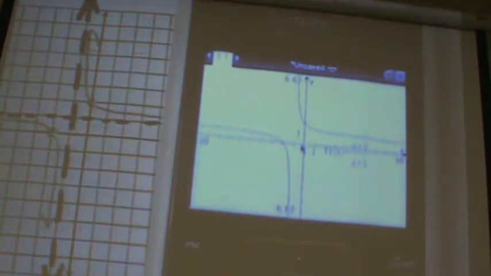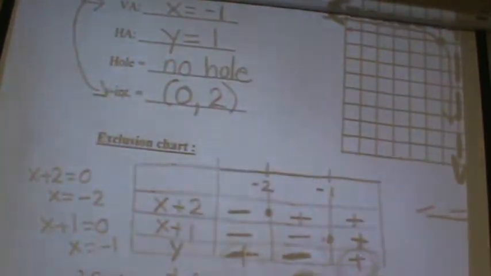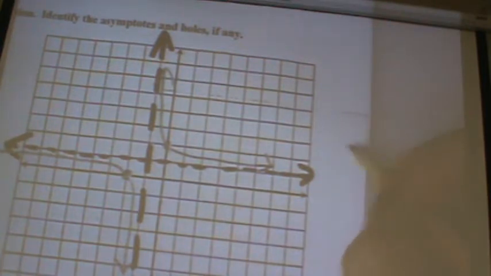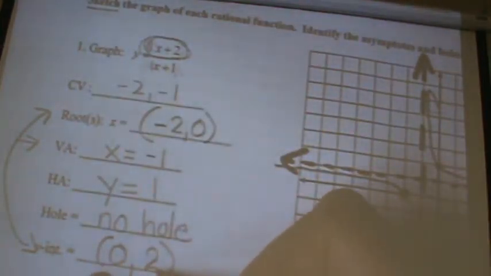So did I expect you to understand it completely by doing this first problem? No. I just don't understand the little exclusion chart thing. That's okay. Well, that just tells us, based on our critical values and based on our factors, what's going to happen. If I asked you, D'Angelo, to make a table of values and plug in numbers to the left of -2, and you guys have a hard enough time doing the y-intercept.